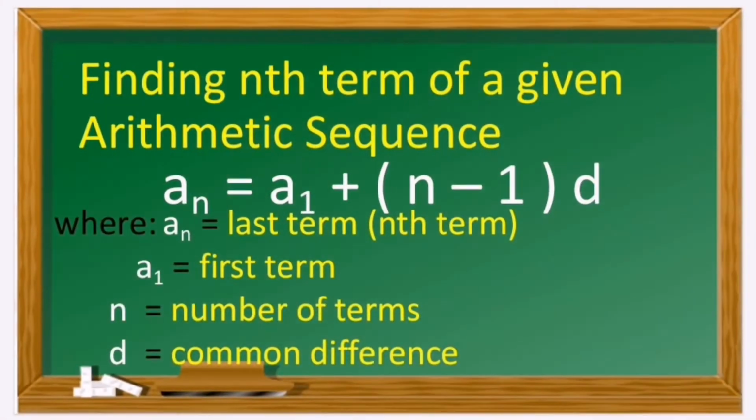To find the 7th term, we only need to use the formula a sub n equals a sub 1 plus the quantity of n minus 1 times d.